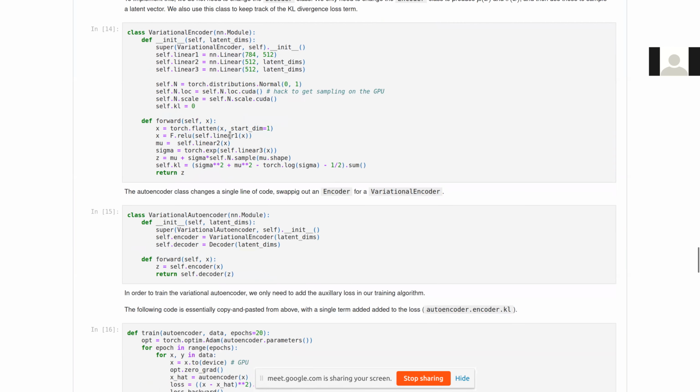So for the variational encoder, it's very easy. Get the input, flatten it, pass it through the linear 1 layer, then get the mu and sigma. Then sample a z from this mu and sigma, which is mu plus sigma times a sample drawn from a standard Gaussian. This is representing our standard Gaussian.